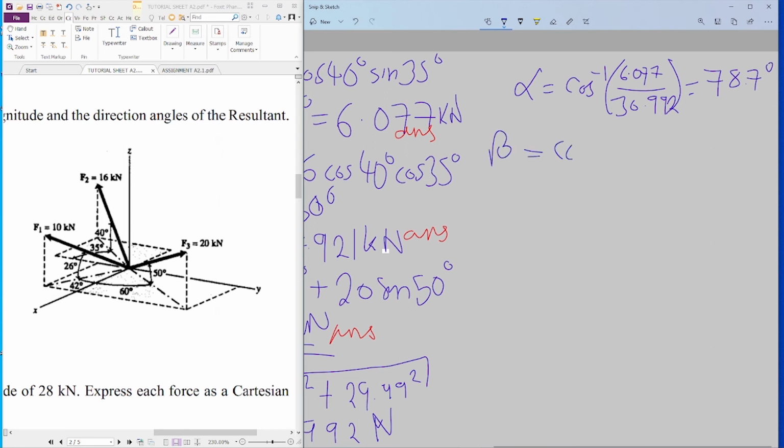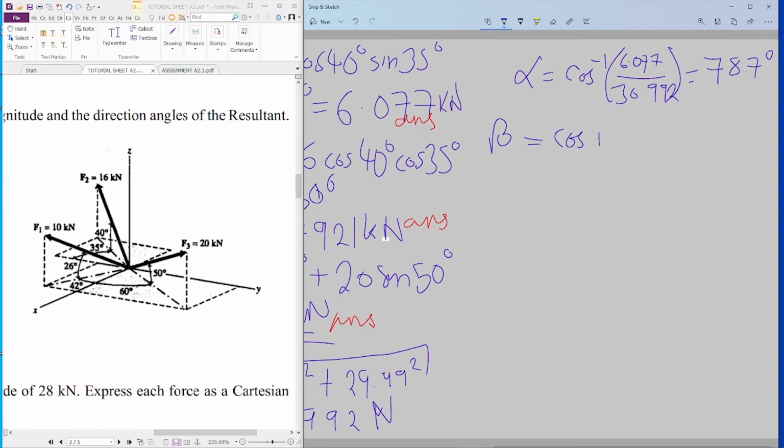Beta is equal to cos inverse of minus 4.92 over 30.992. This will be 99.1 degrees.